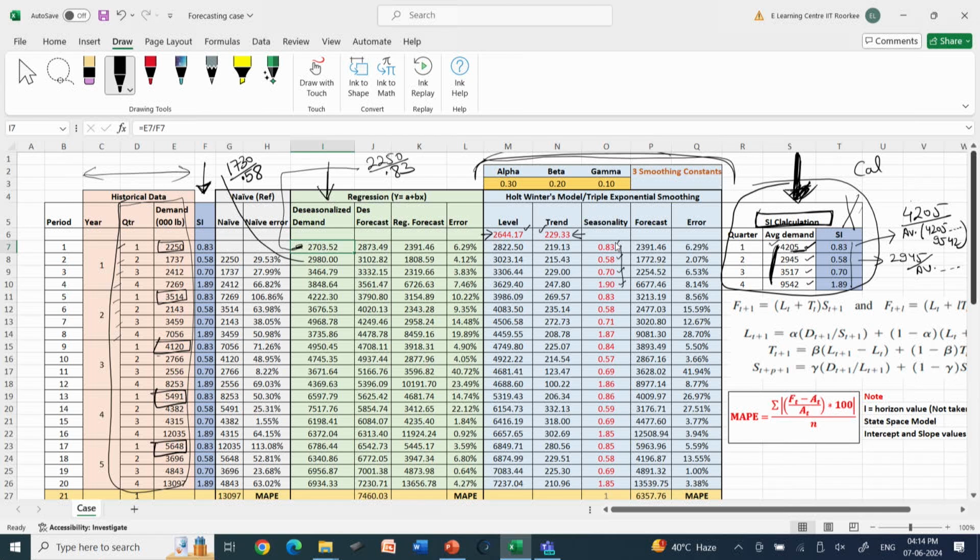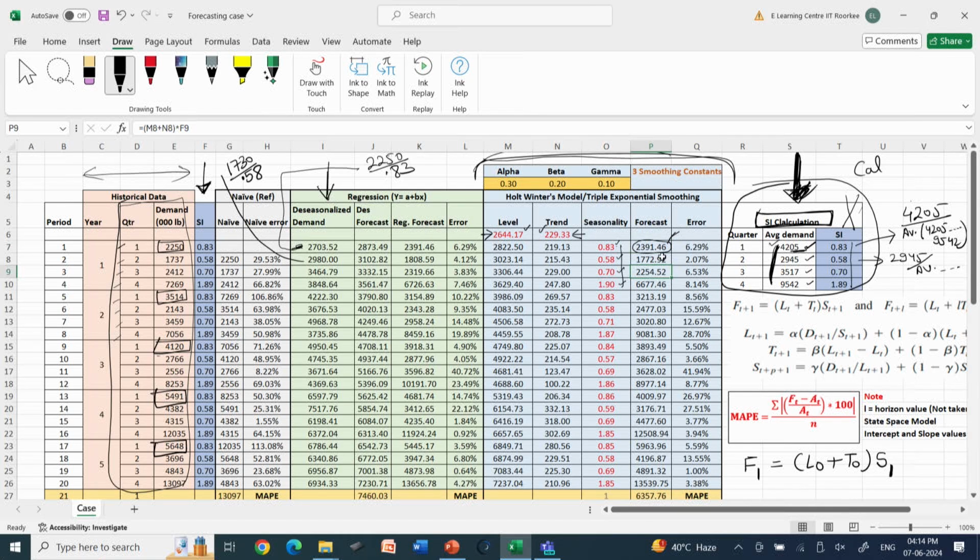Now, our forecast in this column, you may remember, will be L plus T multiplied by the seasonal factor of the corresponding period. In fact, this 2391, I request all of you to please calculate on your own. This 2391 will come from L naught plus T naught into seasonal factor 1.